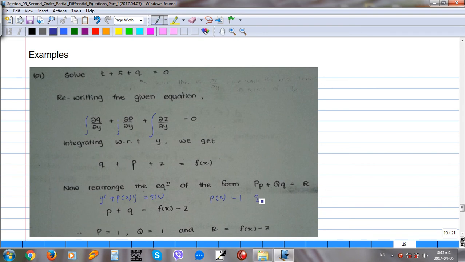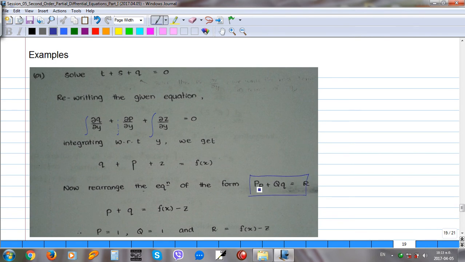Then Q(x) equals f of x minus z, no, this one. Oh no, that is not right. Sorry, that is not the linear form, we have to consider this form, right?